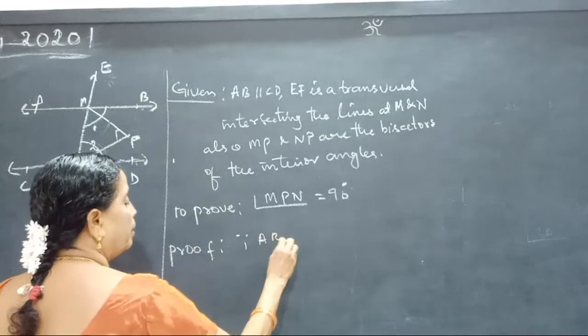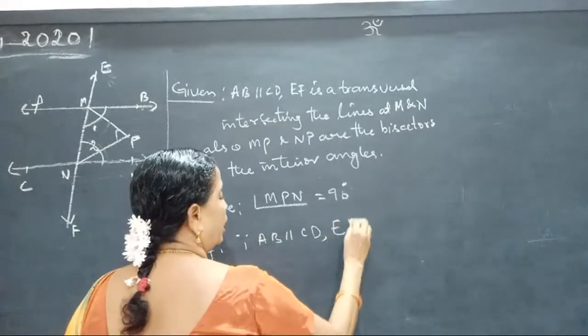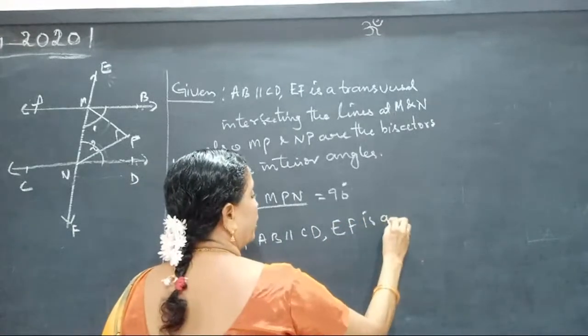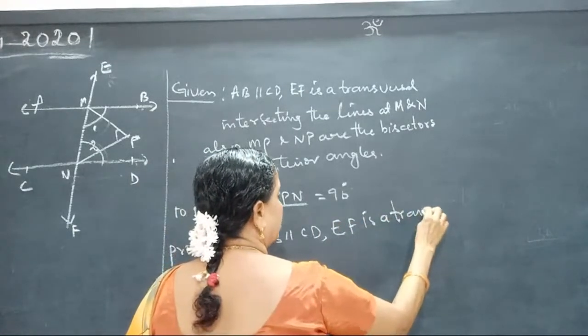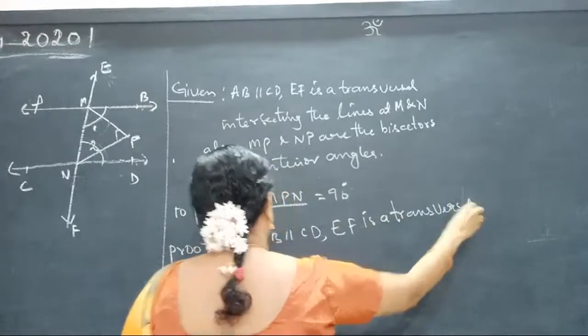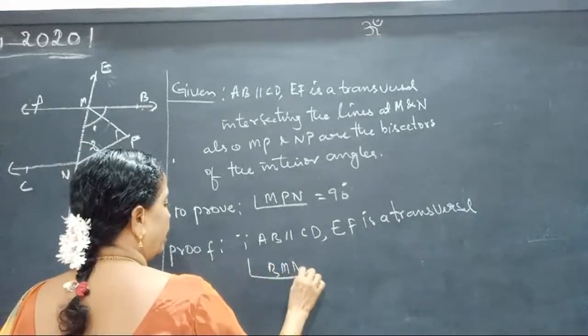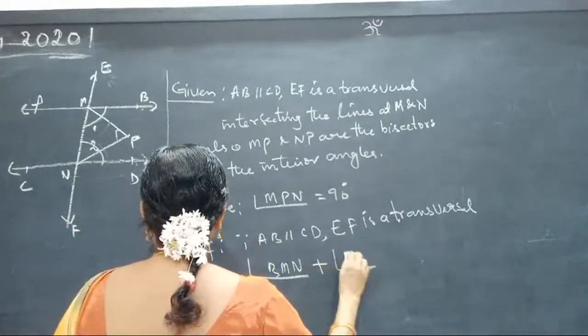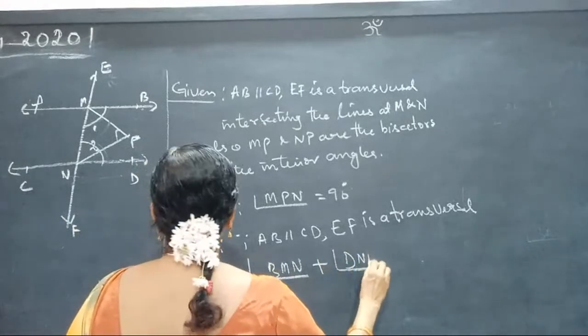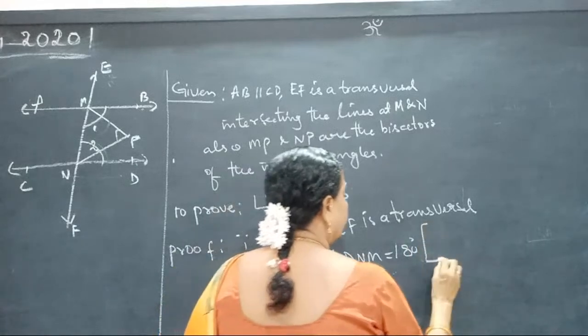Since AB is parallel to CD, EF is a transversal, angle BMN plus angle DNM equals 180 degree.